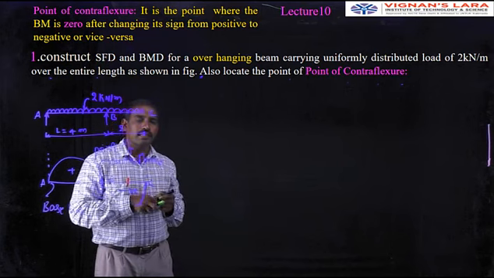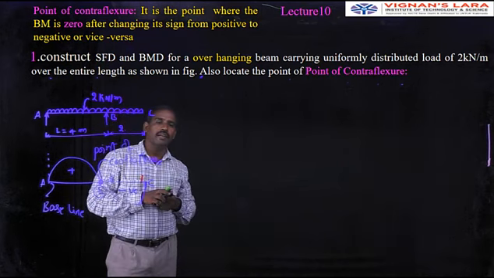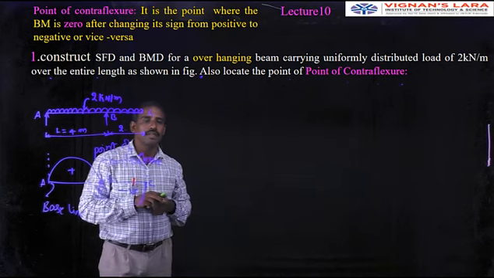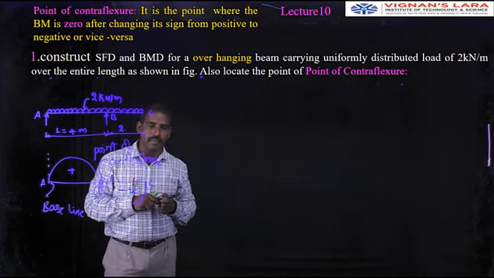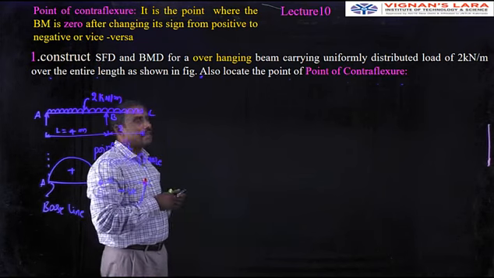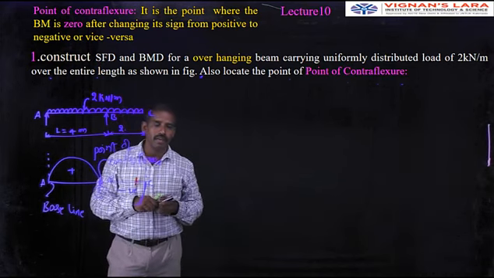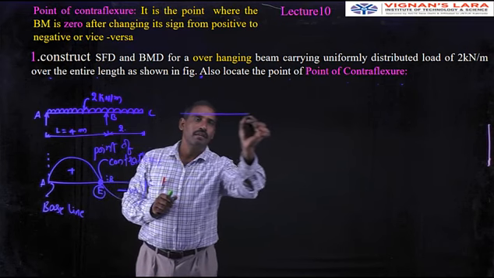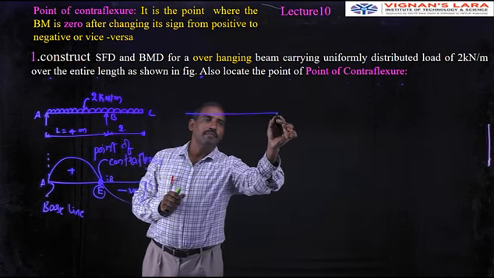That is construction of shear force and bending moment for an overhanging beam carrying a uniformly distributed load of 2 kilonewtons per meter over the entire length of the beam as shown in figure. For example, say this is an overhanging beam.